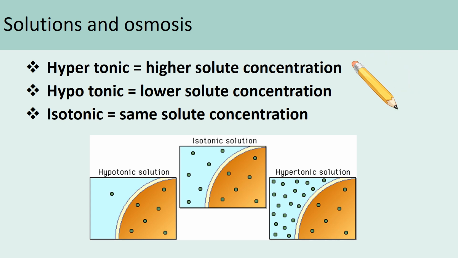Hypotonic means lower solute concentration, and isotonic means that the solute concentration is the same both inside and outside the cell. So if you could pop those down, you may wish to pause the video to make sure that you have enough time to get that into your notes.